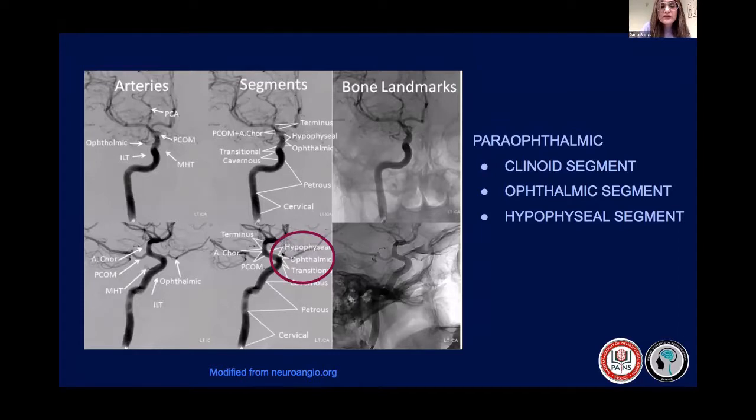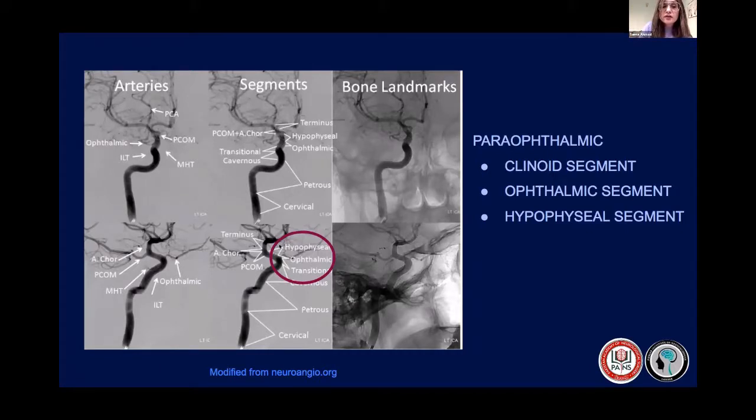And then the ophthalmic artery arises, the conventional or classical type of ophthalmic artery. It arises 1 millimeter distal to the distal dural ring. So this is the first intradural branch. And the next is the hypophyseal segment. This is again a segment which is after the origin of the ophthalmic, before the posterior communicating artery, and here they give rise to the set of the superior hypophyseal arteries.